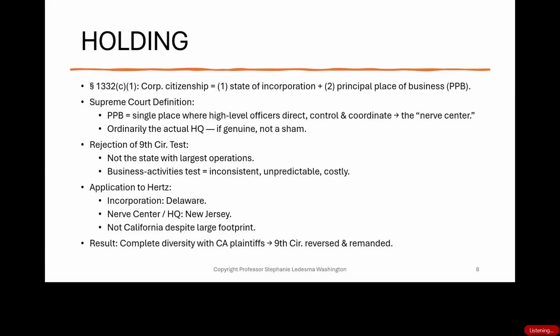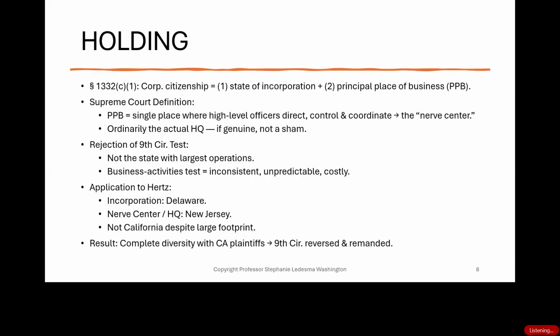In Hertz v. Friend, the Supreme Court held that for purposes of diversity jurisdiction under 28 USC 1332(c)(1), a corporation's principal place of business refers to the, pay attention to this next word, refers to the single place where its high-level officers direct, control, and coordinate the corporation's activities.